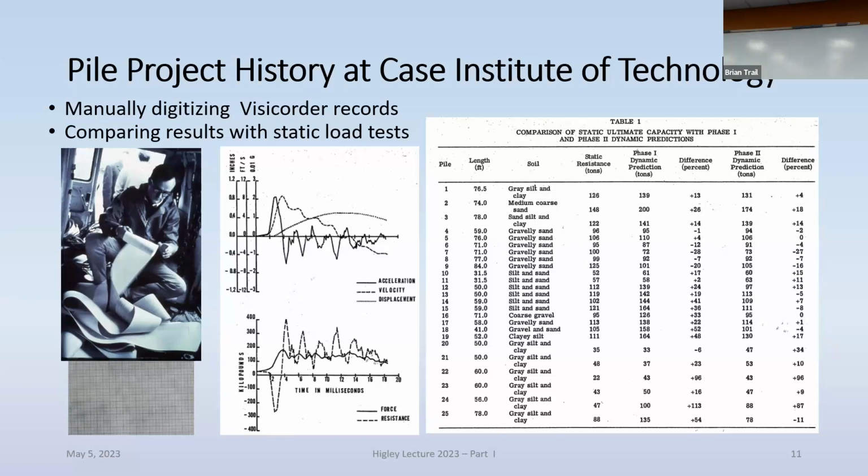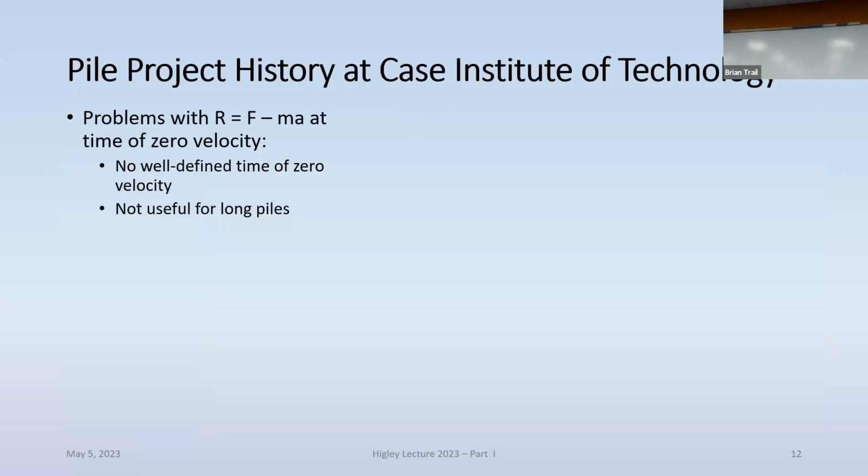And things look very good for sand. For clays and silts, they were not quite as impressive as far as correlation is concerned. So we discovered that there was a problem with that formula, and we had to look further at it.